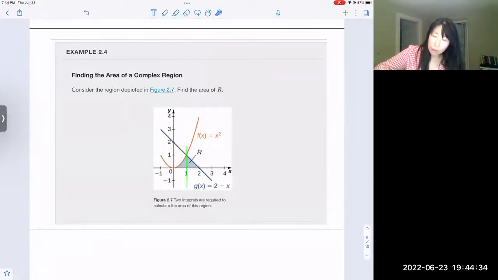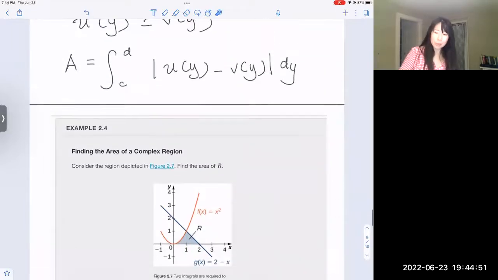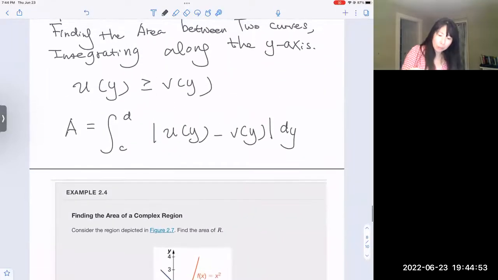And then we found the area here and there. We add, and we get the total area, right? But if we are using the definition, integrating with respect to y, then look, this means think about the right curve minus the left curve.